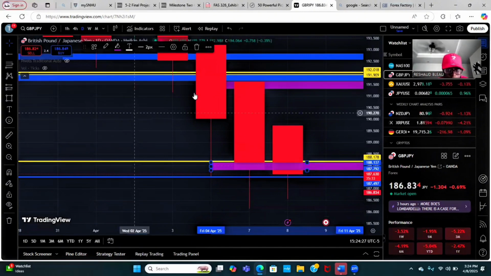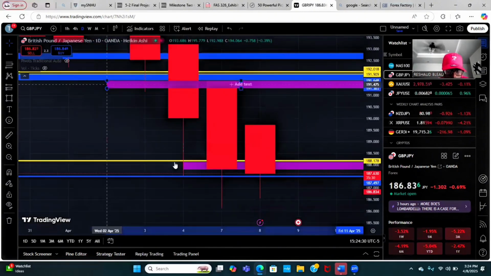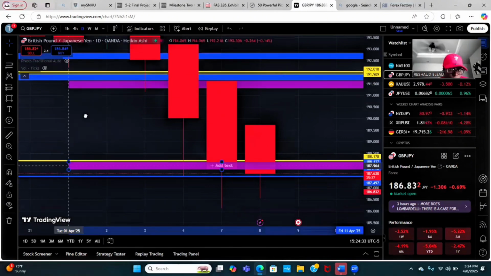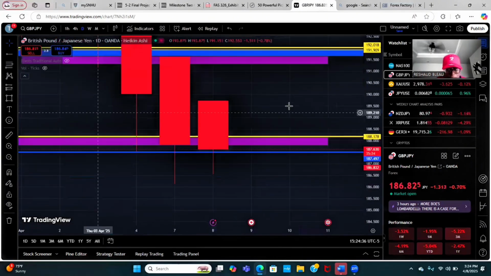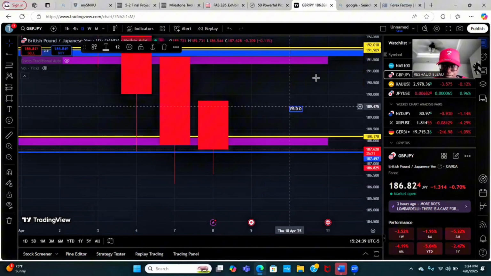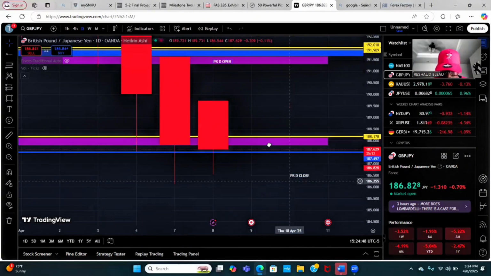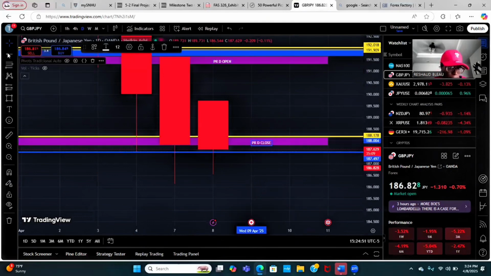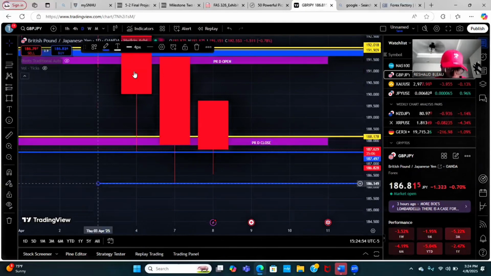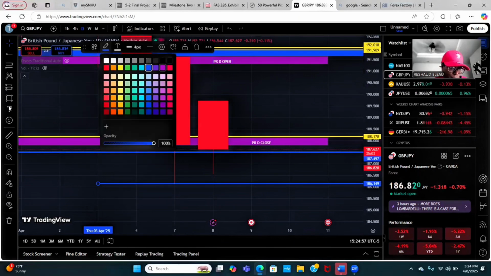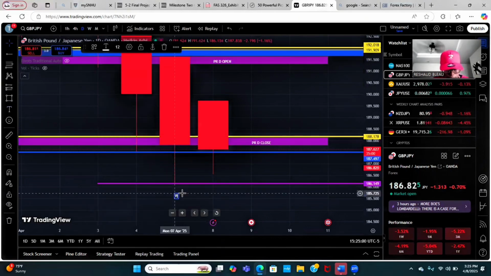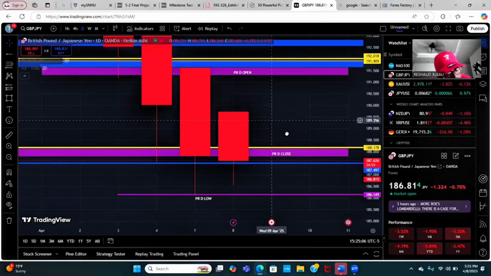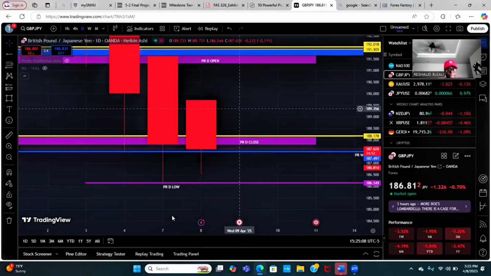Let me actually drag this over so you can see it. Mark previous daily open, previous daily close, and that will be purple. Previous daily low. And there's no high on this one. So we have that all marked up.